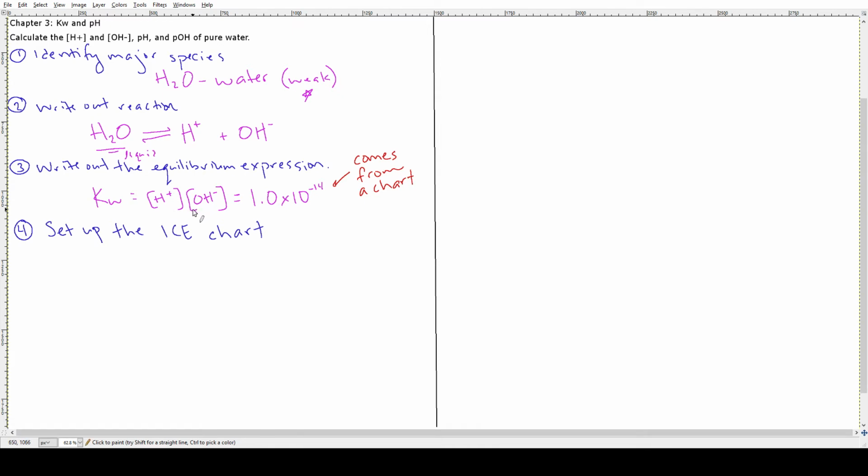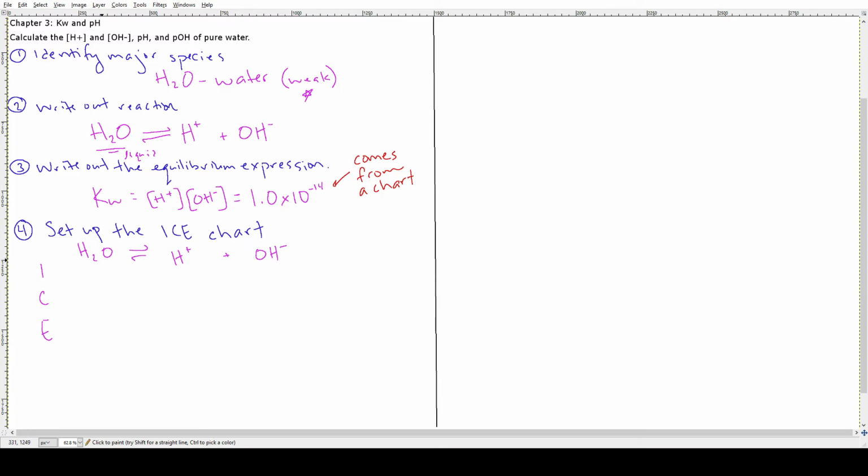We're not given a lot of information except for our Kw and our starting concentrations, so let's just see what we've got. ICE: initial, change, equilibrium. I have H2O, H plus, OH minus.